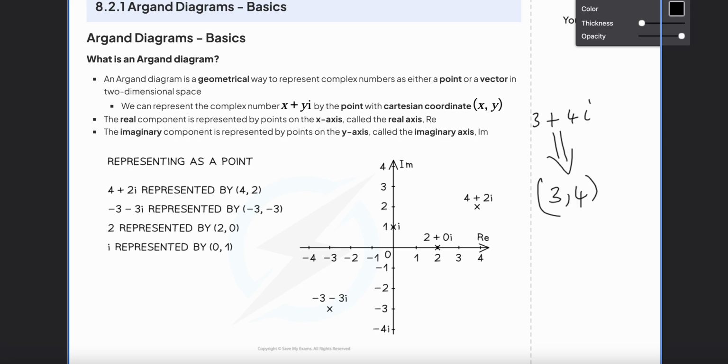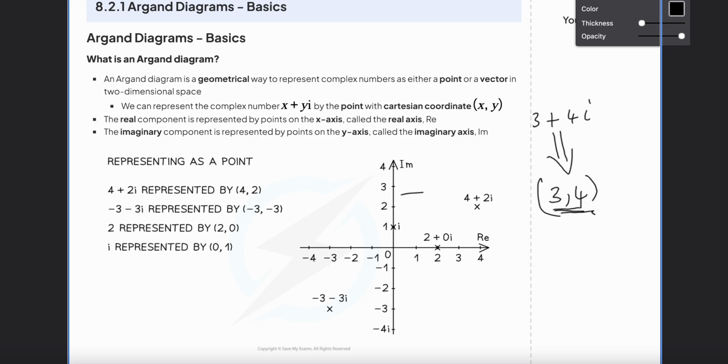So when we want to represent a complex number as a point, all that we need is these Cartesian coordinates. If I have the point 4 plus 2i, the 4 is on the real axis, the 2 is on the imaginary axis. Where they coincide, that's where the point 4 plus 2i is.